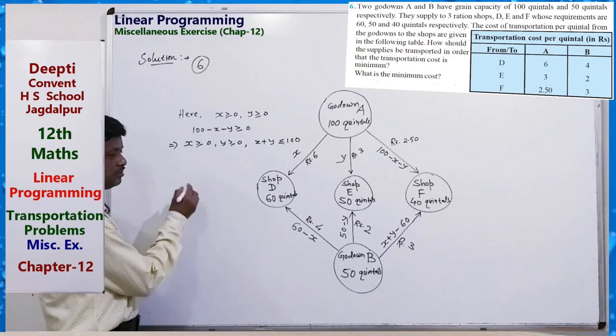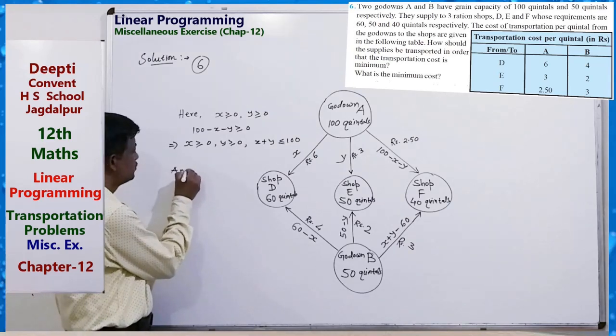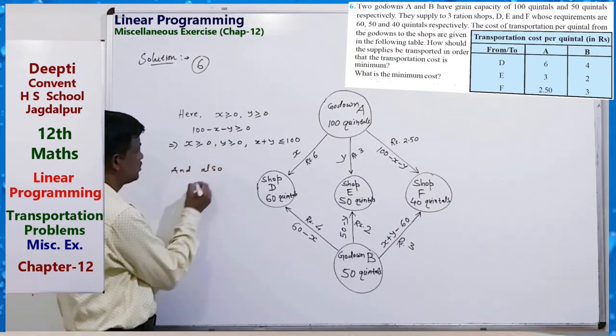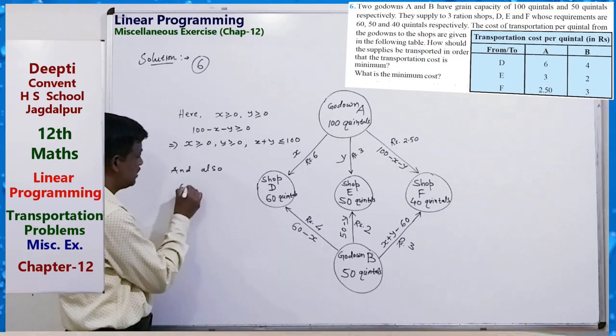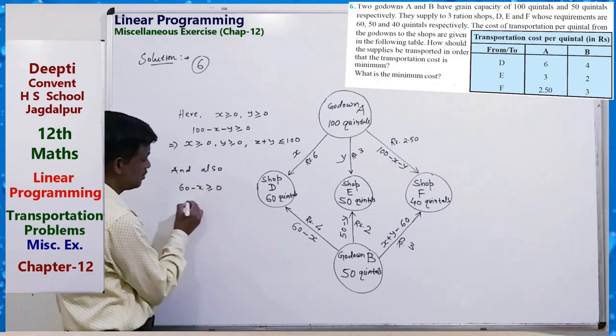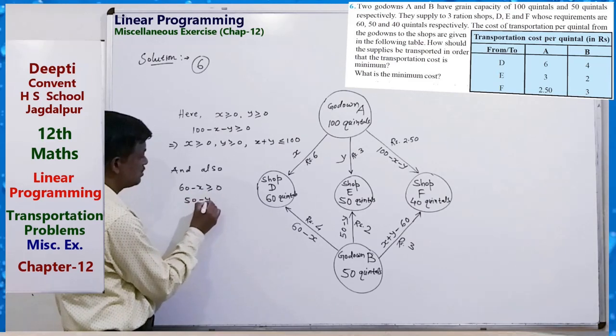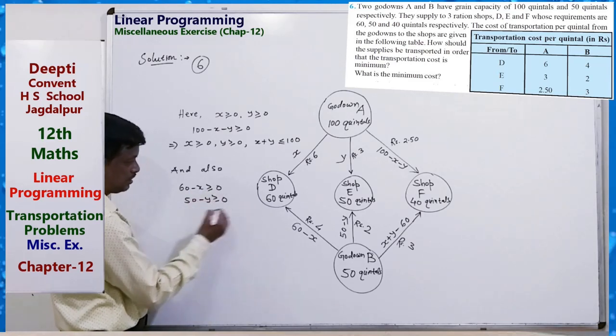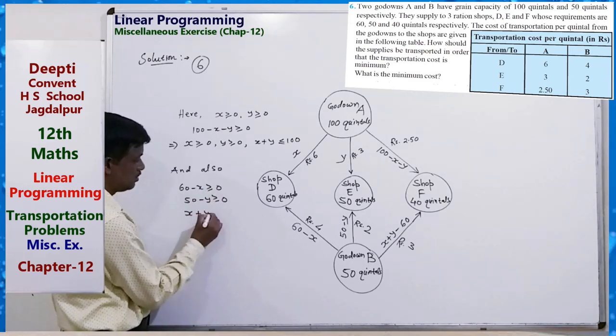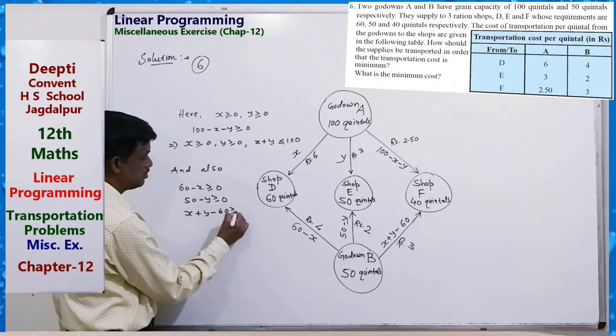These are the constraints also. And also here, 60 minus X is greater than or equal to 0, 50 minus Y is greater than or equal to 0, and X plus Y minus 60 is greater than or equal to 0.